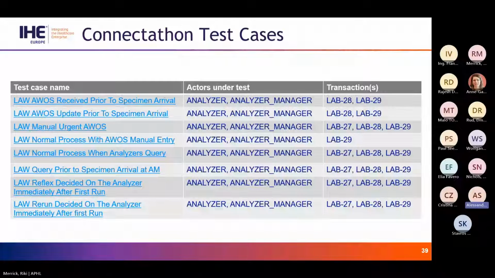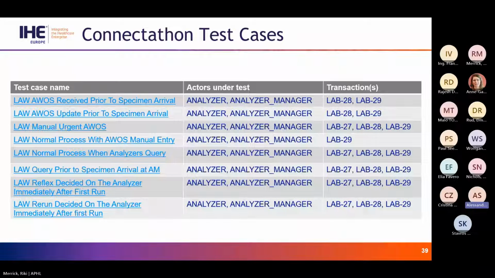If I'm not wrong, in Rennes some years ago we tested this one with two vendors, I think, and also in this case we have some tests that a specific vendor will have to perform according to its role, and they are addressing the involved HL7 version 2 transactions to test all the particular modalities of transmission of the analytical work order step information, rerun, reflex tests, and so on.